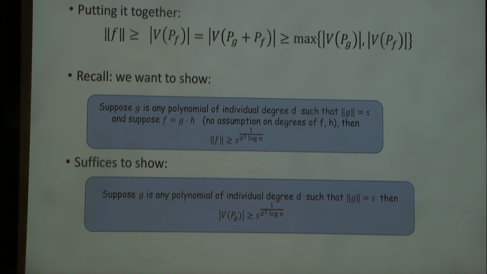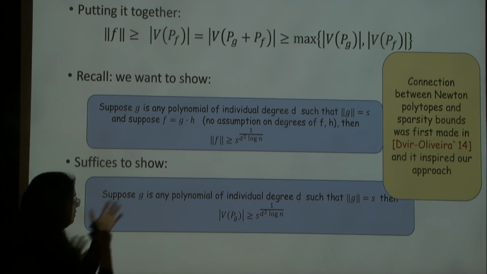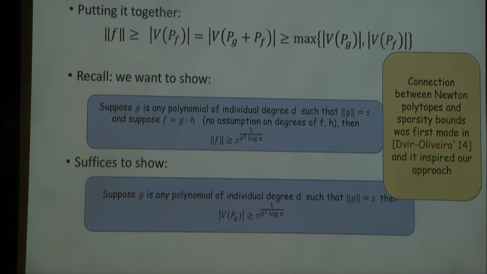Okay, so that's what we'll show. Hence we can strip away the underlying field, coefficients, everything, and just study the Newton polytope. And I want to say that this connection to showing the sparsity bound via studying Newton polytopes was made by Zev and Raphael, and this approach of ours was heavily inspired by their work.